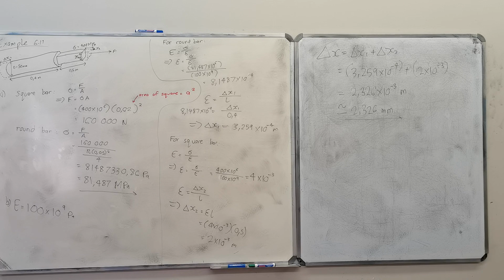Then you plot a graph of stress versus strain. Stress is on your y-axis, strain is on your x-axis. How do I know which should be on the y-axis and which on the x-axis? When they tell you a graph of something versus something, the first something is always your y-axis, the second something is your x-axis.